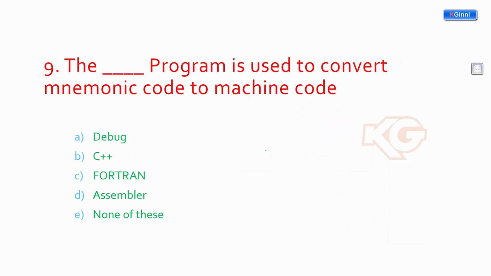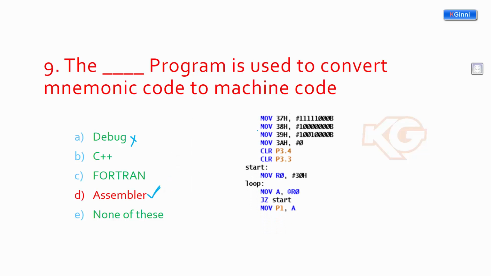The dash program is used to convert mnemonic code to machine code. The answer should be assembler. You can see the picture over here. Some code that is written in assembly language. It is pretty close to the machine level language, slightly intermediate. It is in between high level language and machine level language. So your assembler language sits here. Move 37H to so and so address.